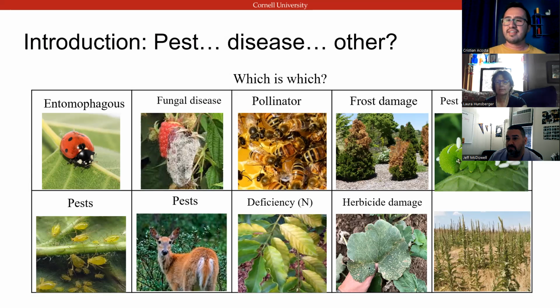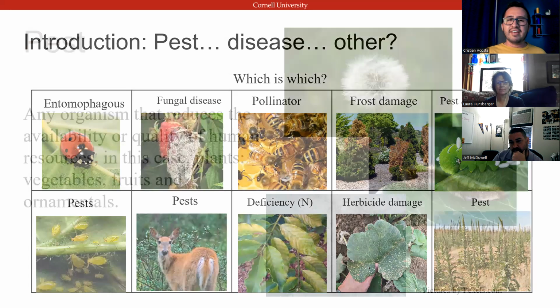I think I'll stop there. So it's a pest. Sometimes if we ask this, people can think it's another thing, we don't know, because it's another plant. So how can it be a pest?